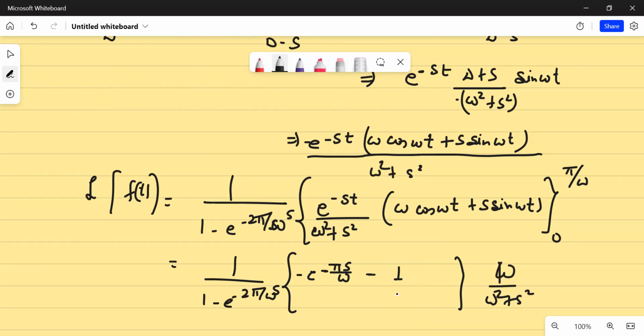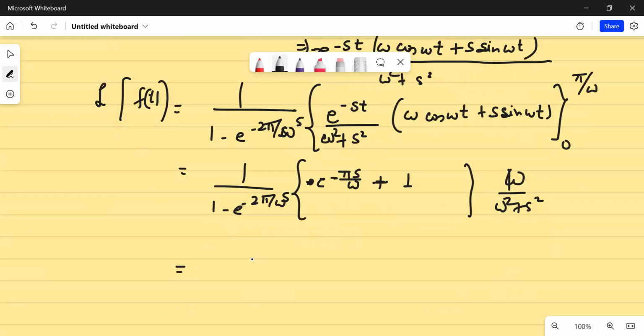Is that clear? If I am making any mistake, please check once. In place of 0 to pi upon omega, there is a negative here. So this negative will absorb these things, isn't it? See, there was a negative here also. This negative will also absorb this.